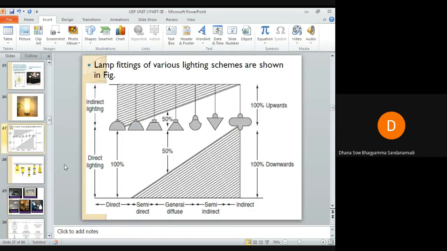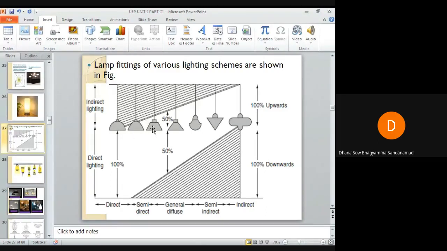If you see in this image, I have combined all the lightings here. If you see this first lamp, 100% of the luminous flux is traveling from this lamp towards the surface. So that is our direct lighting. The first and second are the same.